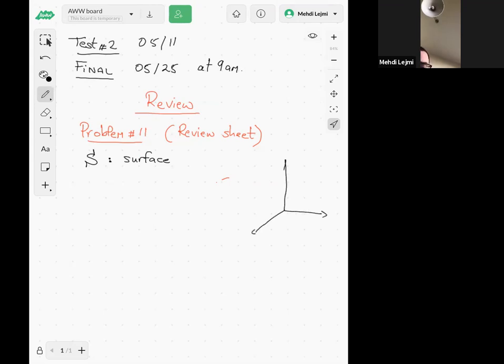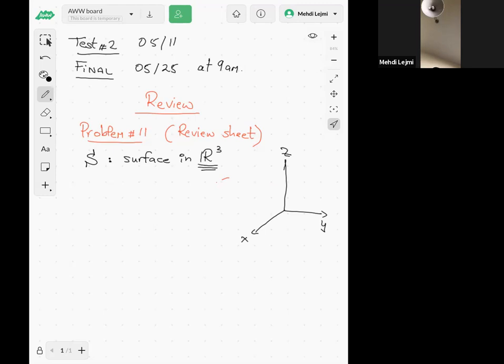So this is, let's say, x, y, and z. This surface S is in space, because we have three coordinates, x, y, and z. So this is a surface in R3. This is really important.